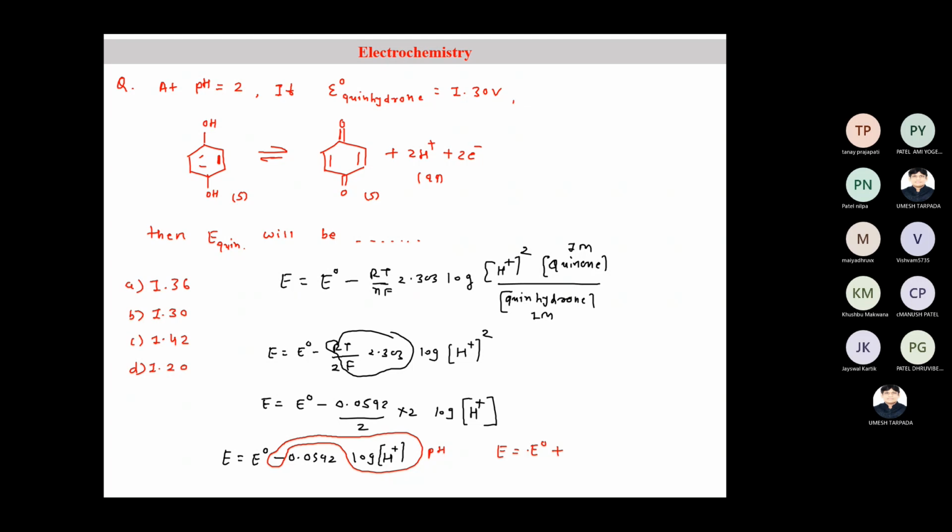So minus logarithm of H plus is pH. That is, the value is given into 2. The pH value is 2. That is pH equal to 2 is given. E standard is also given, 1.30 volt.